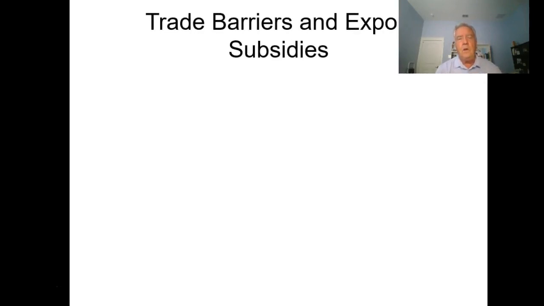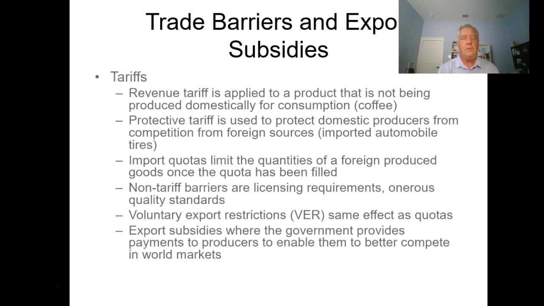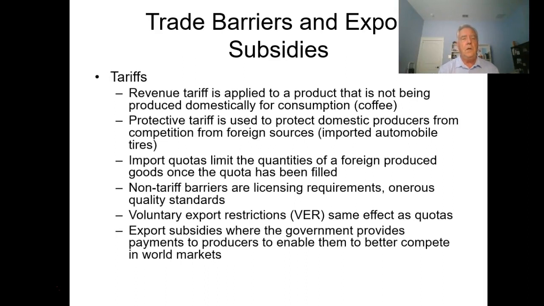Okay, moving on. Trade barriers and export subsidies. Let's look at what causes problems. Tariffs. A revenue tariff is applied to imports into a country. For instance, it's a way that governments can raise money, get cash. They put a revenue tariff on a product being imported, and they in turn are able to collect cash and put it in the country's treasury.